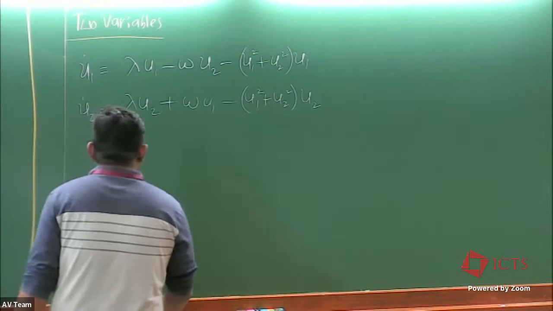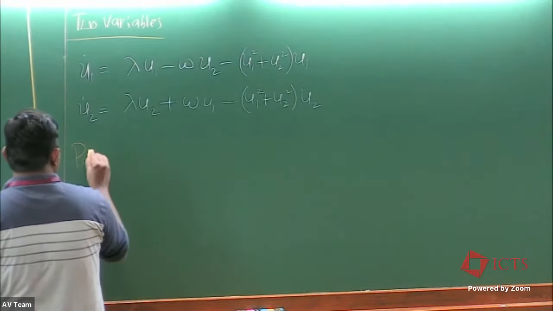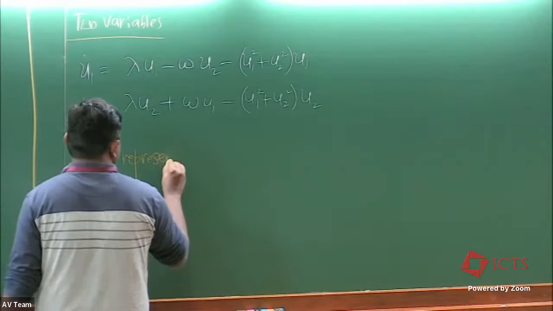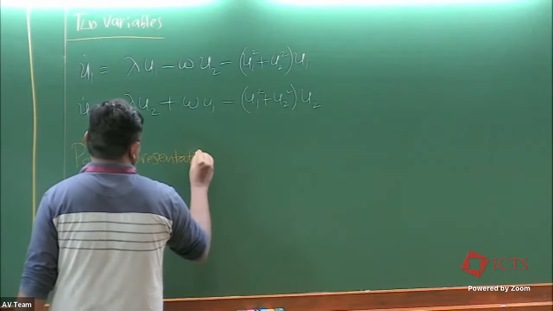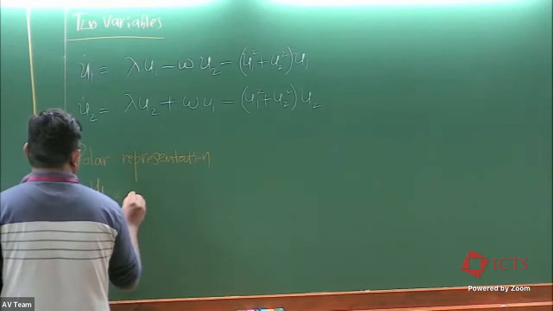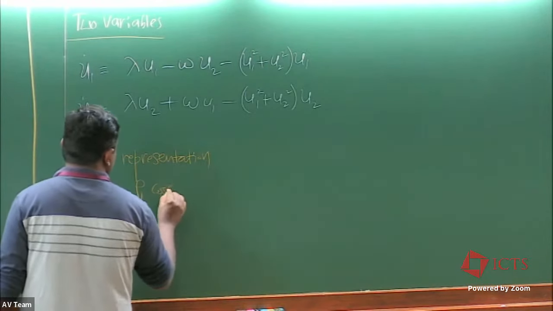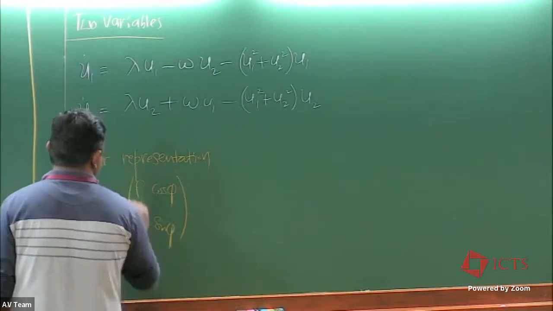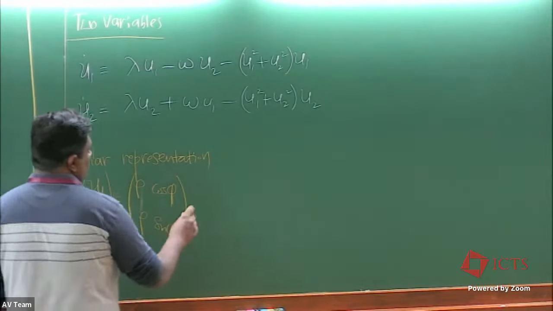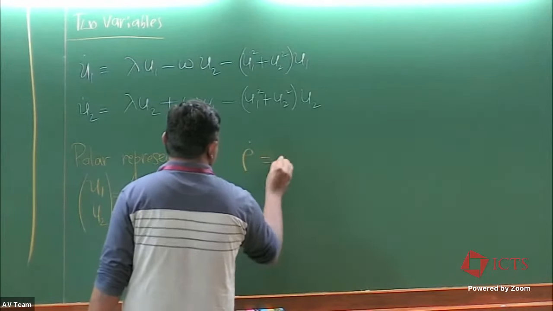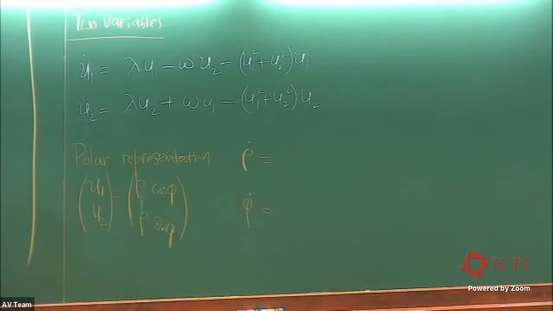So maybe it helps to look at a polar representation. Where you say U1, U2 are basically rho cosine phi and rho sine phi. Can you please get me the equations for rho dot and phi dot? Quickly.